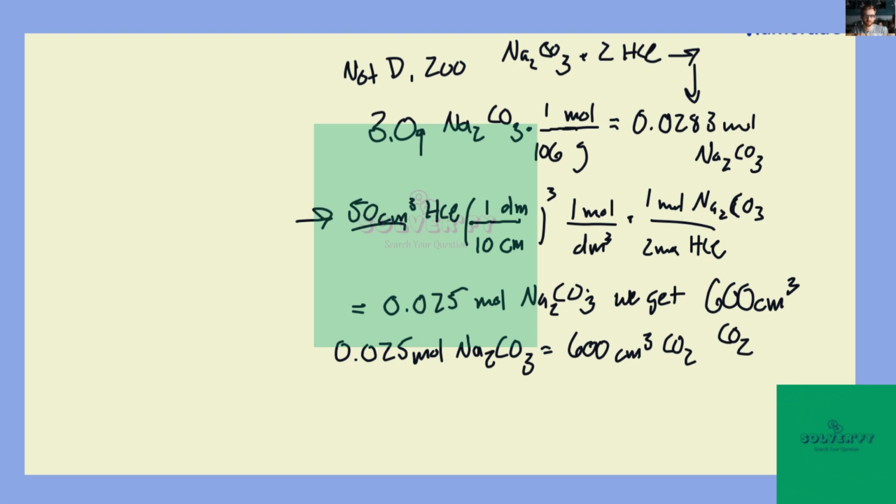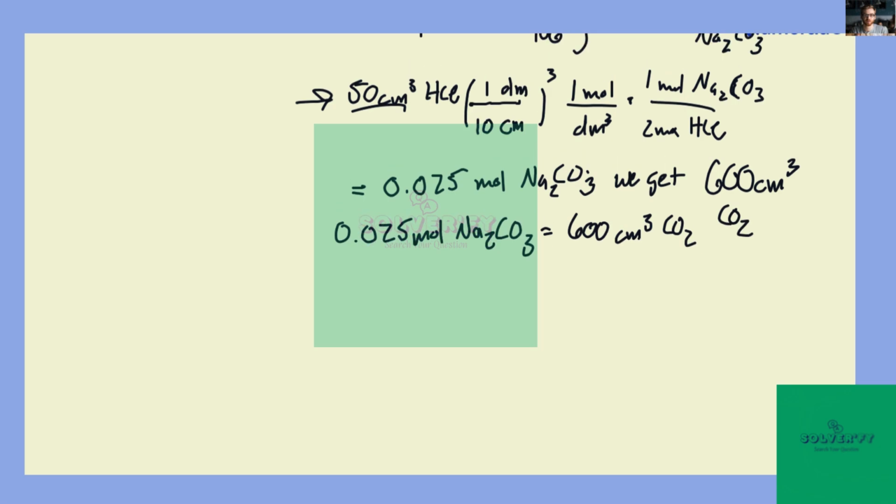It's 0.025 moles, or the number of moles of sodium carbonate that could react with our HCl before we run out of HCl is 0.025 moles, right? Which means HCl is not the limiting reagent the second time around. It was the first time around, but it's not the second time.